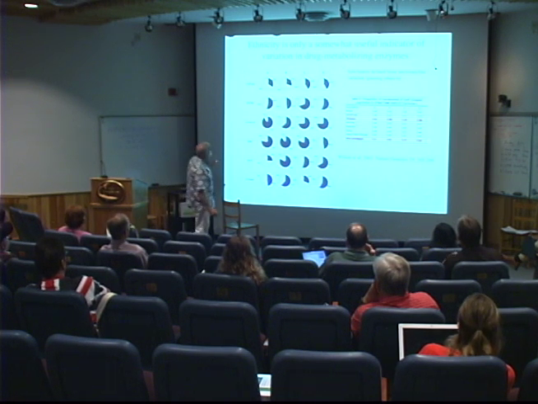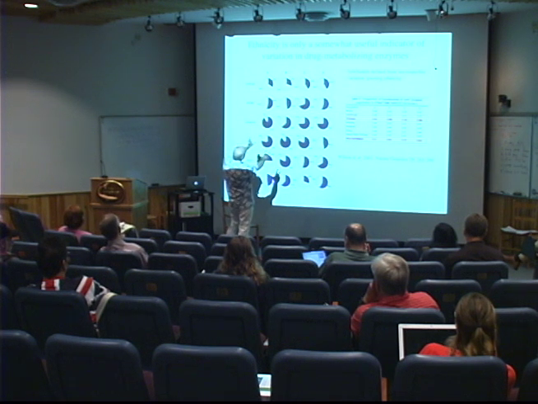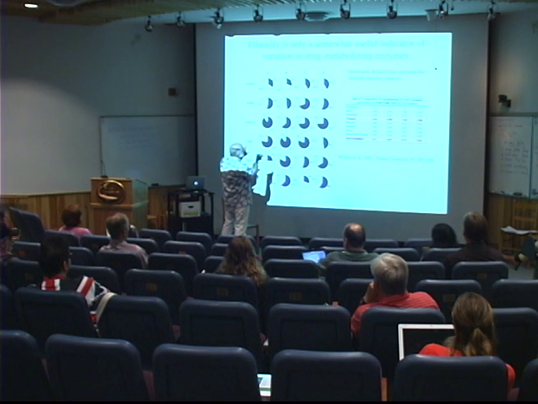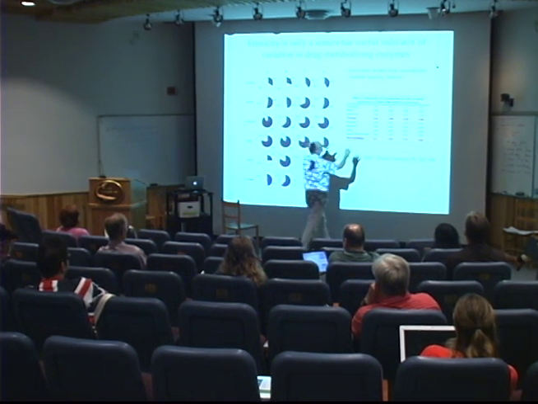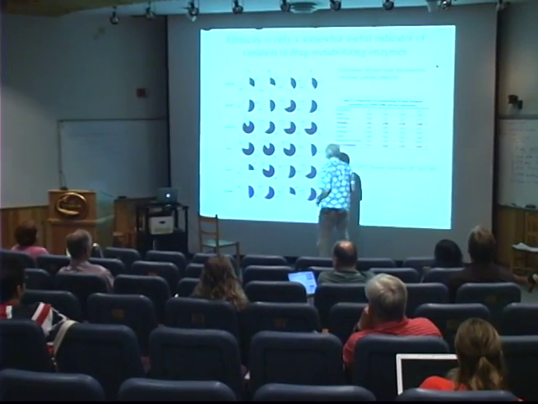And if you look across, this is variation in a number of different cytochrome P450s. This is the one we've just been looking at down here. This is an N-acetyltransferase. And I think that if you just look at the percentage of, this is now microsatellites rather than particular alleles. Pardon me, this is a structure-defined subcluster giving us different populations.